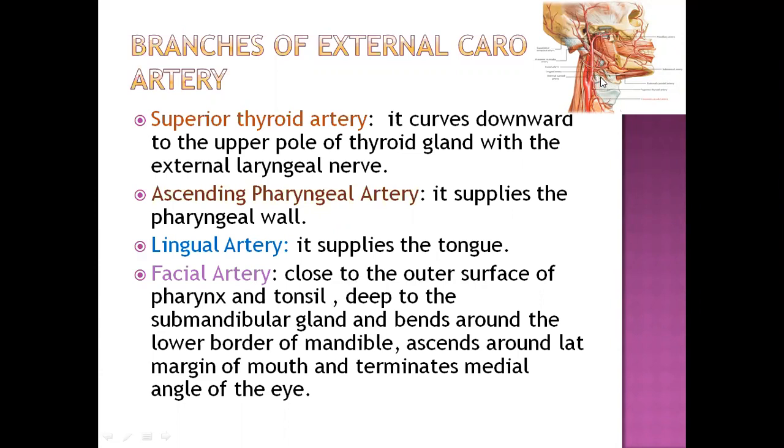It grooves over the submandibular gland, giving glandular branches to the submandibular gland, and the submental artery. It winds around the lower border of the mandible, then moves upward, ascends around the margin of the mouth and terminates at the medial angle of the eye.